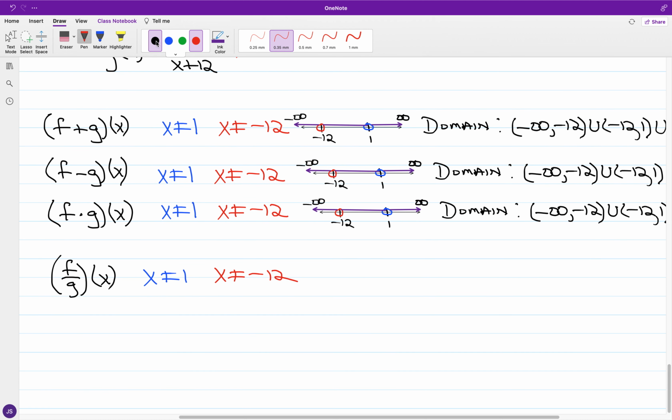For f over g of x, you have f of x over g of x, and f of x is 3 over x minus 1. g of x is x over x plus 12.